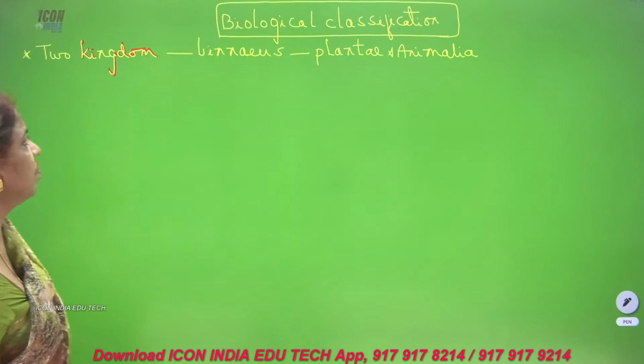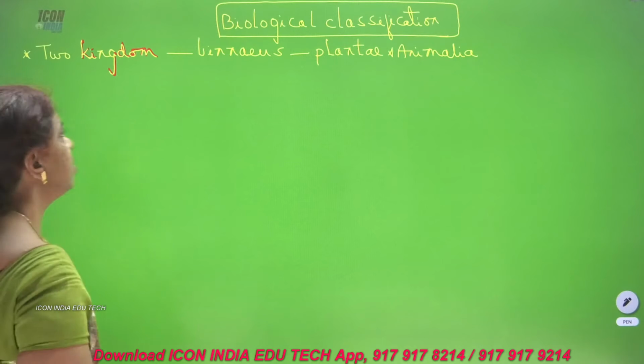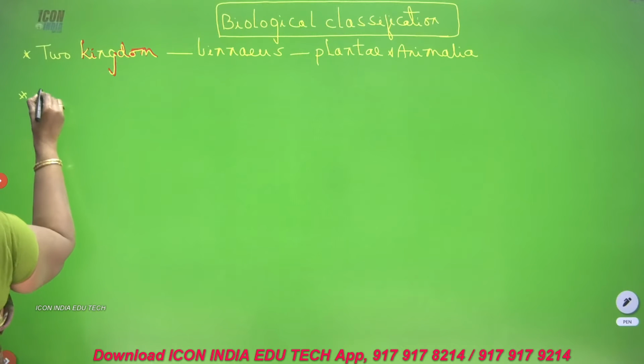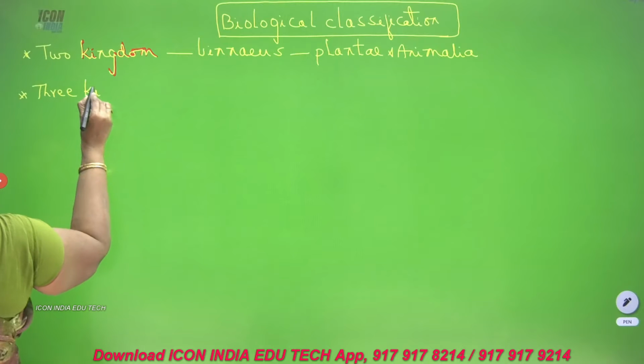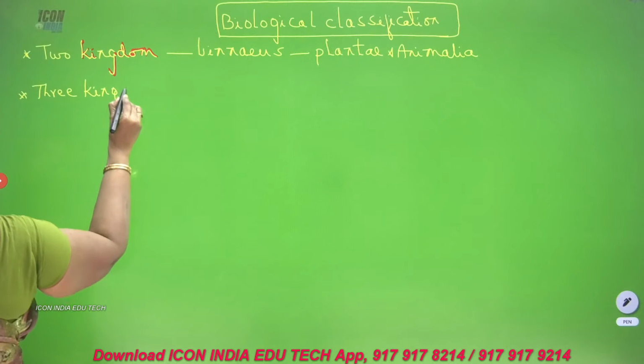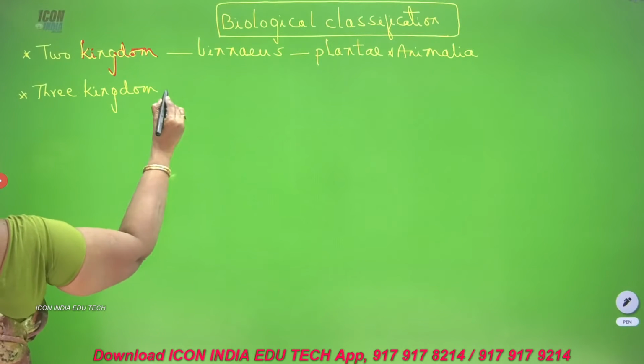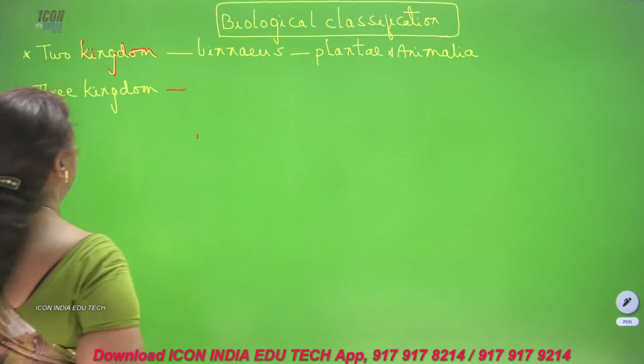The next one is the three kingdom classification. The three kingdom classification was proposed by Haeckel.